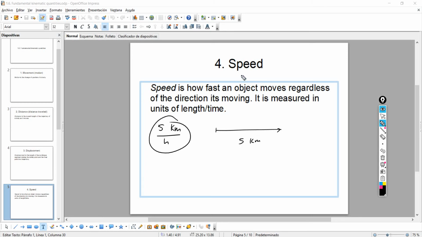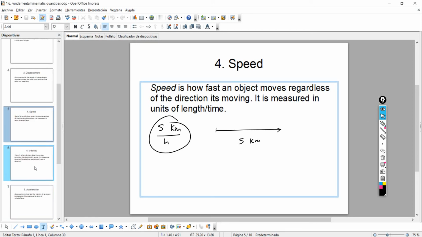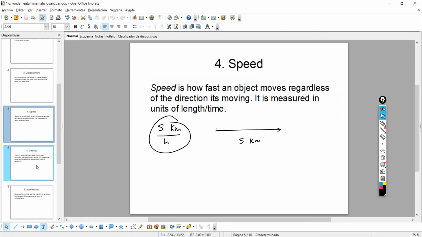So what is the difference between speed and this other thing that I'm going to comment in a moment, velocity? Again, these two things, guys, are often confused, but they're not the same. Speed is just how fast an object is moving, regardless of the direction of the motion. You don't really care about the direction when you consider speed.